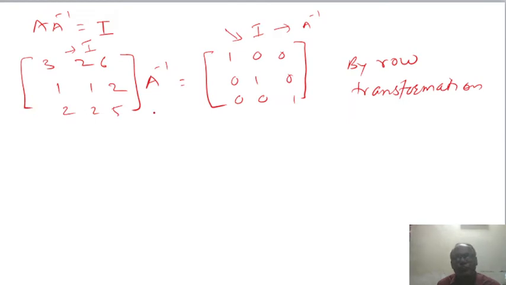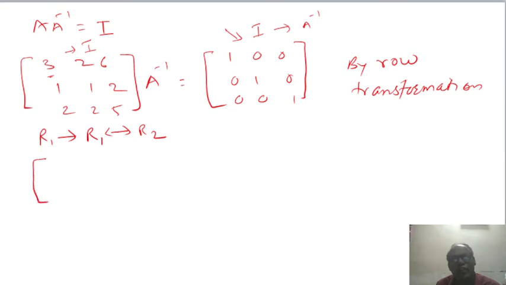Now how to find this? First, see here, your first element should be 1, but here we have 3. If you interchange these two rows, then one can easily obtain 1 at the A11 place. Therefore R1 is replaced by R2. This is called row transformation. First row transformation: R1 replaced by R2.